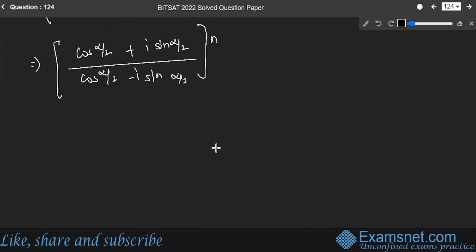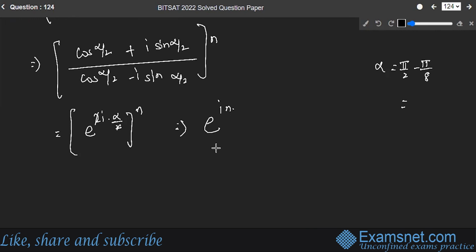This is equal to e power 2i into α/2, power n. These two will cancel and you will have i n α, and alpha was equal to π/2 − π/8, which is 3π/8. So this is equal to cos(3nπ/8) + i sin(3nπ/8).